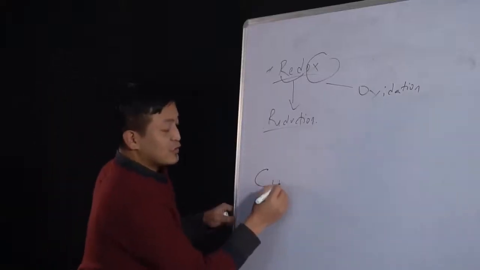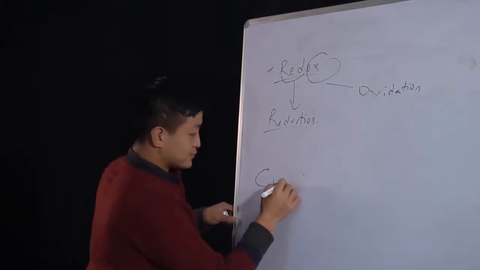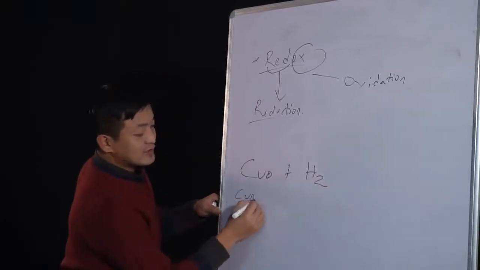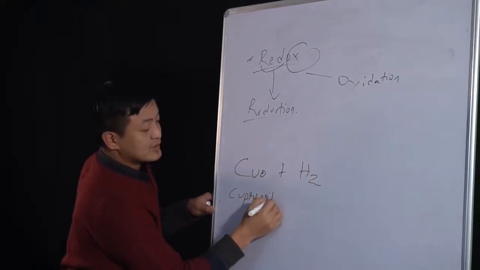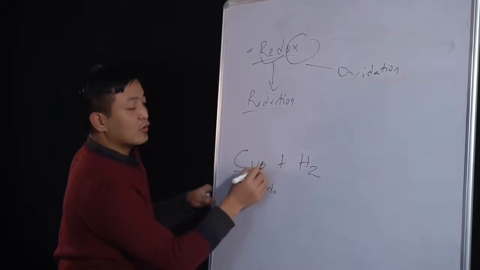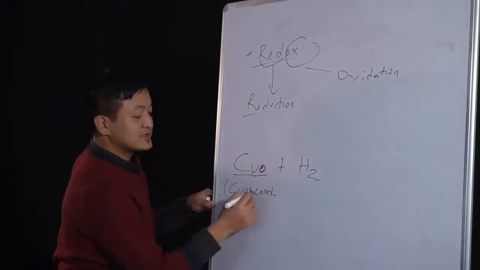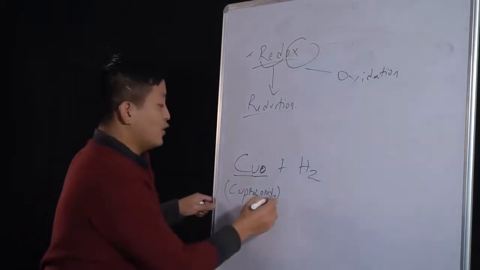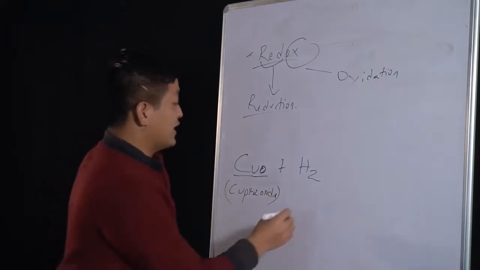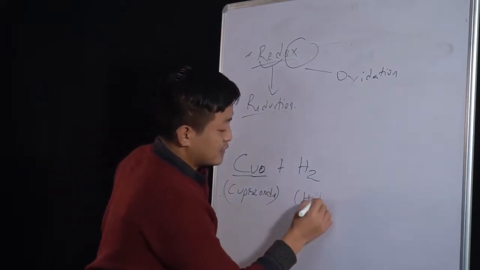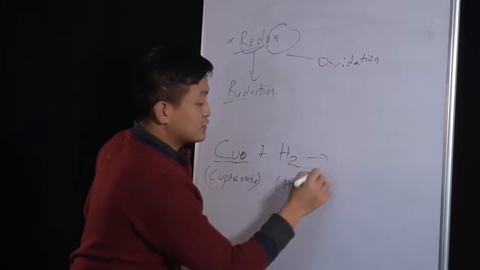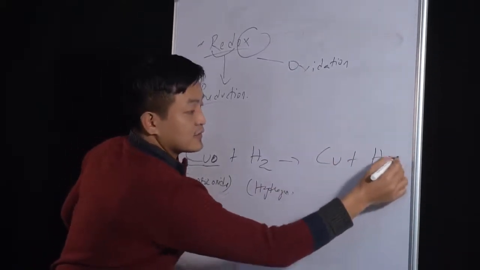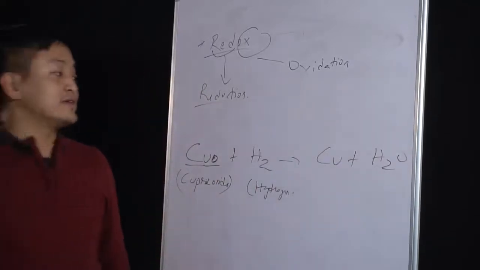This equation I gave you in the last class: cupric oxide, CuO. Cu stands for copper, O is oxygen here, so together it is cupric oxide. And this is hydrogen, so together it gives copper and H2O.